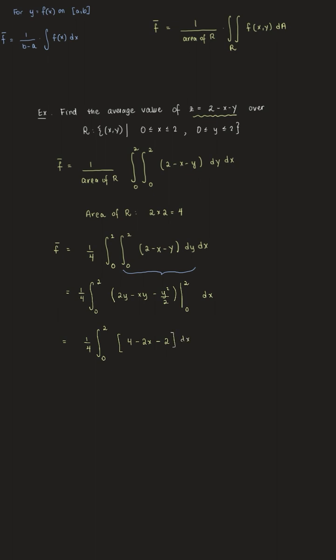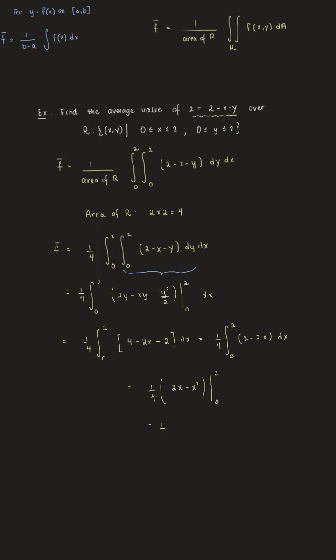And now this is dx, so we've got 1/4 integral from 0 to 2 of 2 minus 2x dx. And now we can take the antiderivative with respect to x, so we have 1/4 times 2x minus 2x squared over 2, or minus x squared, and we are integrating from 0 to 2.